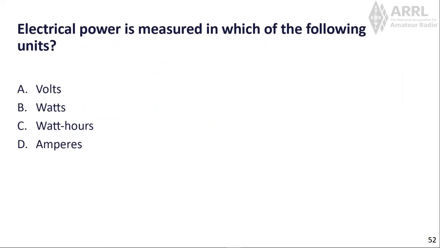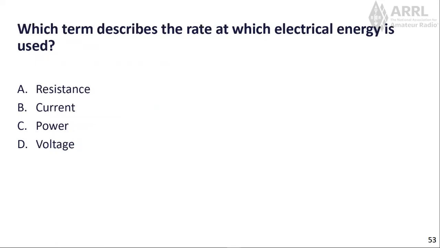Okay, electrical power is measured in which of the following units? Power is watts. B. Which term describes the rate at which electrical energy is used?